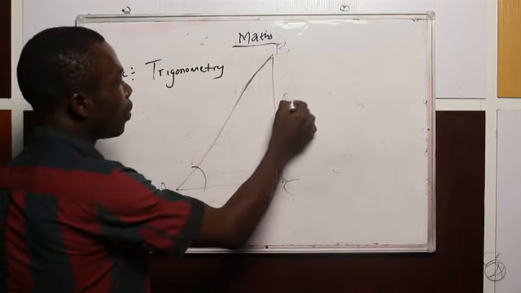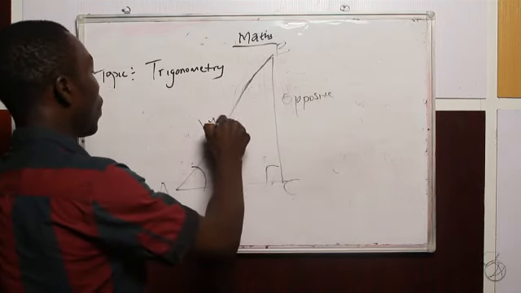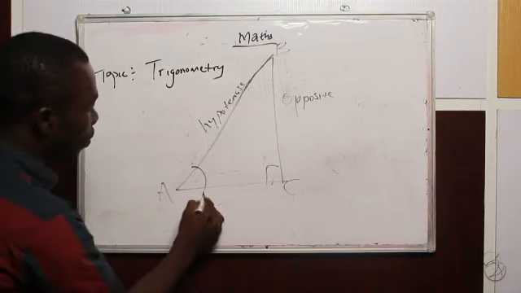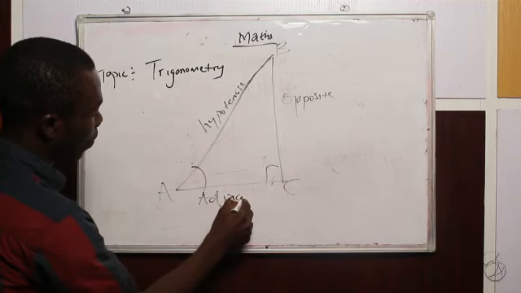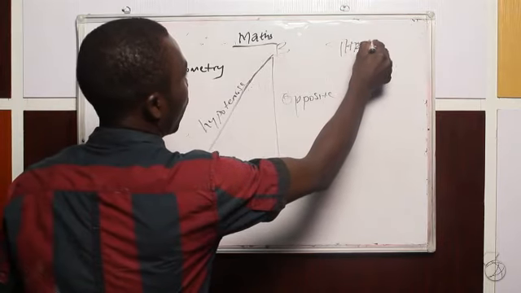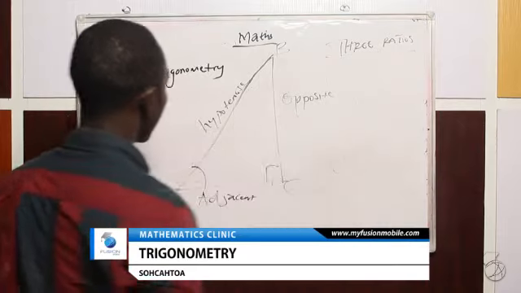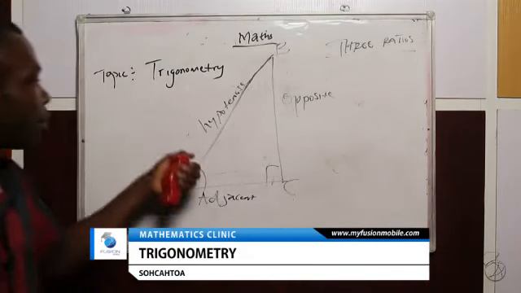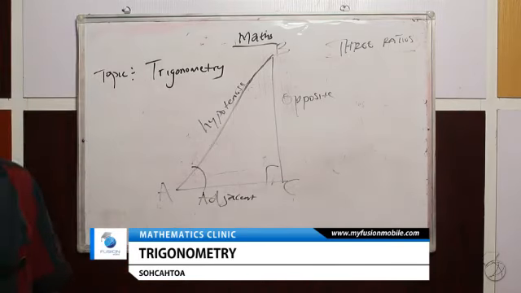This side is called the opposite, this side is called the hypotenuse, while this side is called the adjacent. The three ratios considered in triangles are hypotenuse, opposite, and adjacent.